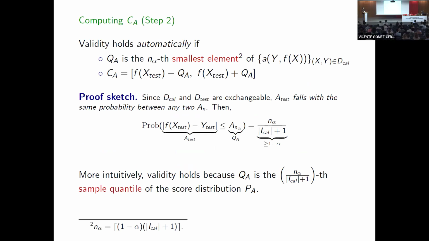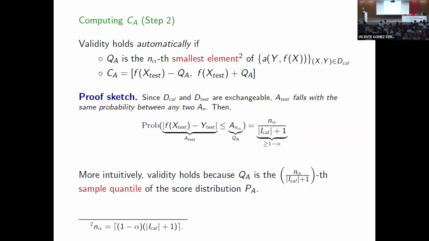Then what we need to do is to compute the n alpha smallest element of these conformity scores. And the prediction set will have this form. I skipped the proof. This is less general than what you saw yesterday because it's for IID.